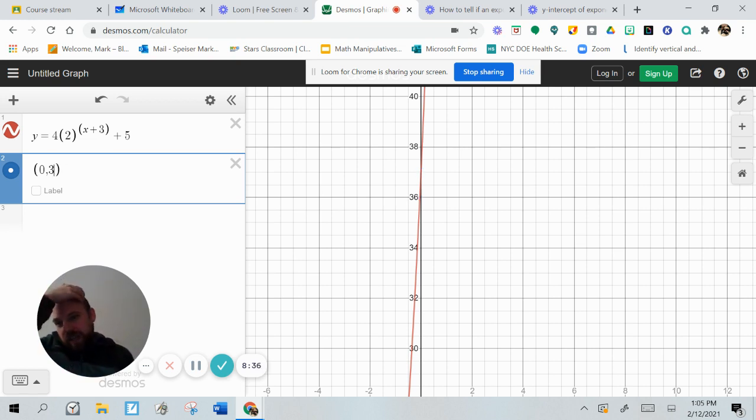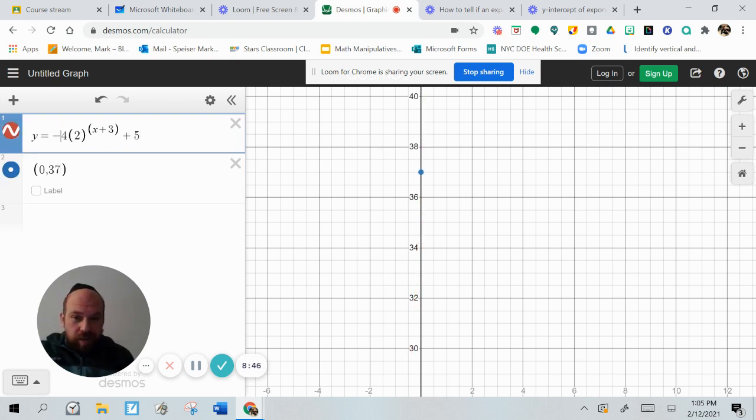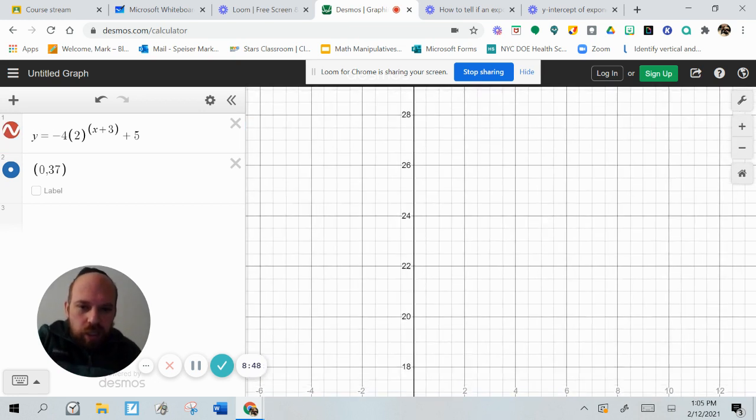So 2 to the third power is 8. 8 times 4 is 32, so 37. All the way up there at 37. If I make it negative, it just shifts down to negative 27 and flips the whole graph over.